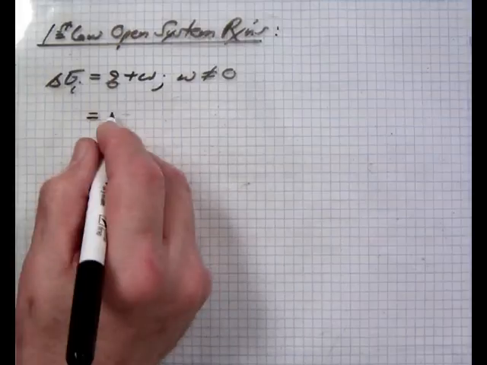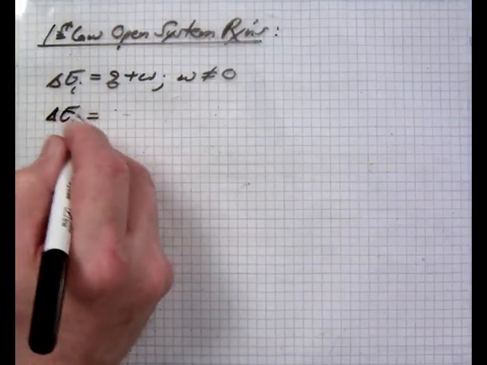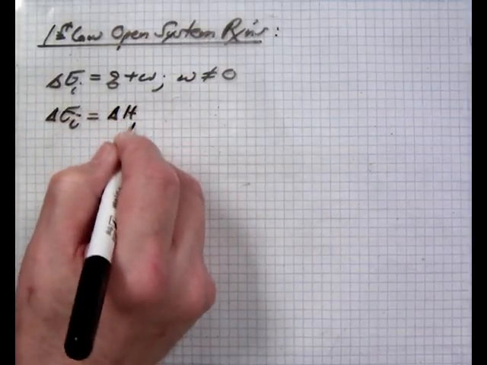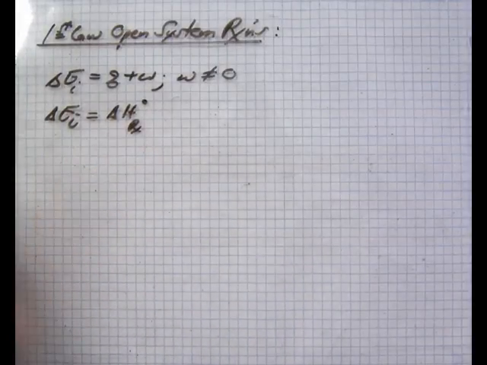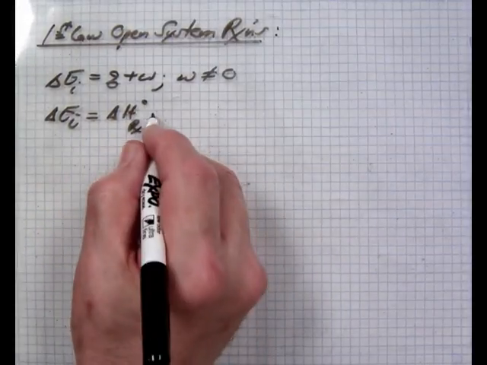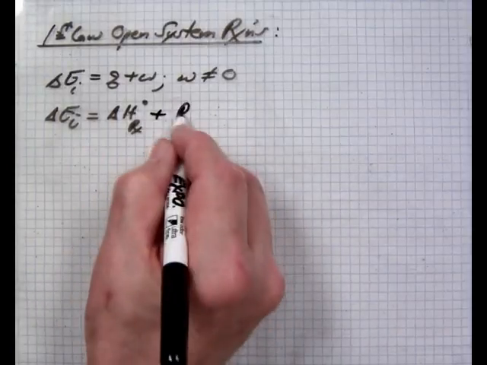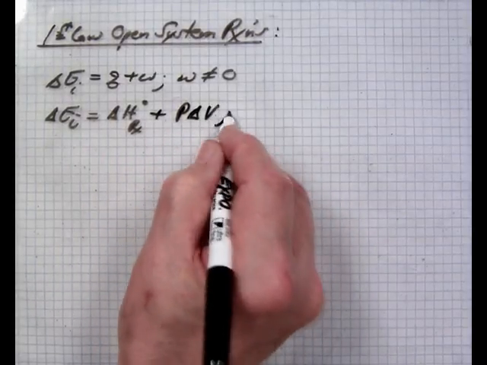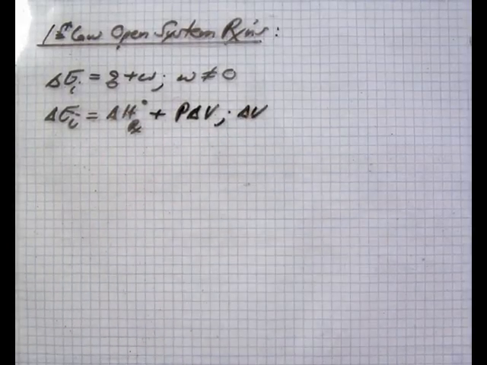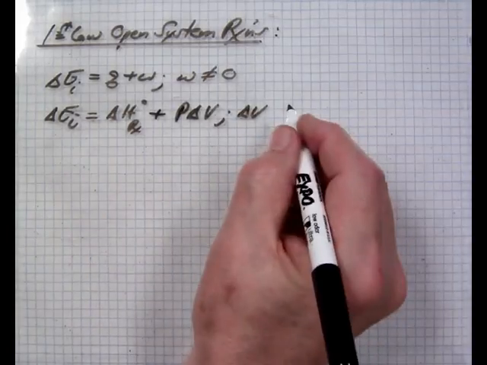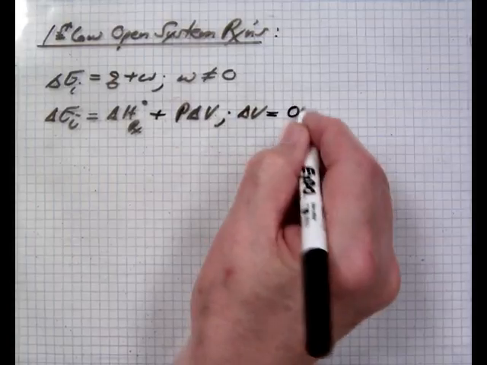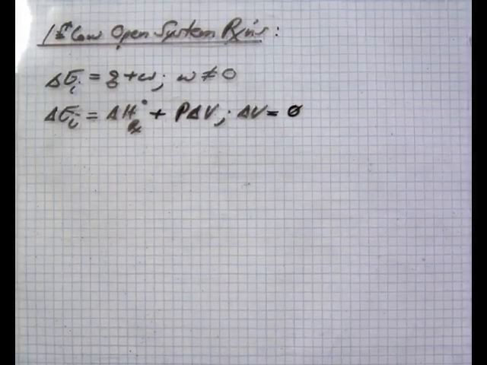In other words, we can have delta E equals delta H of reaction, commonly at standard conditions, plus P delta V, and delta V is responsible for making work 0 or not 0. Delta V is not 0.